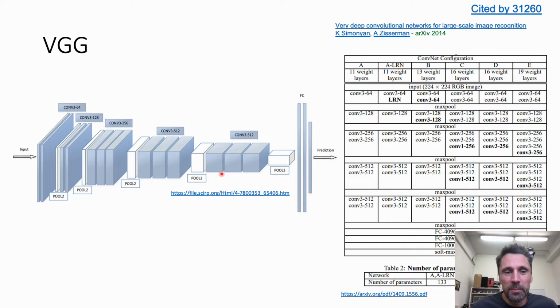And VGG has, depending on the version, 11 to 19 layers, and up to, I think, 144 million parameters, and it works. It was placed second and is still in use for various applications. I'll show you in the second part of the lecture what I mean.